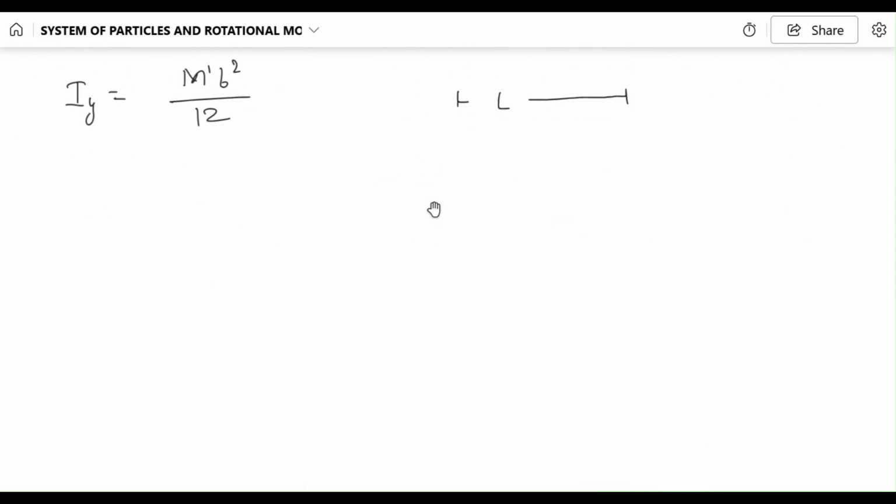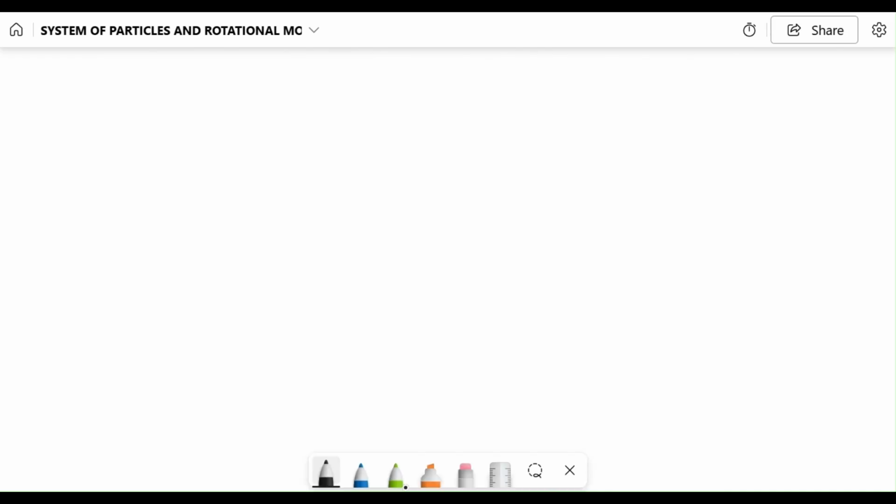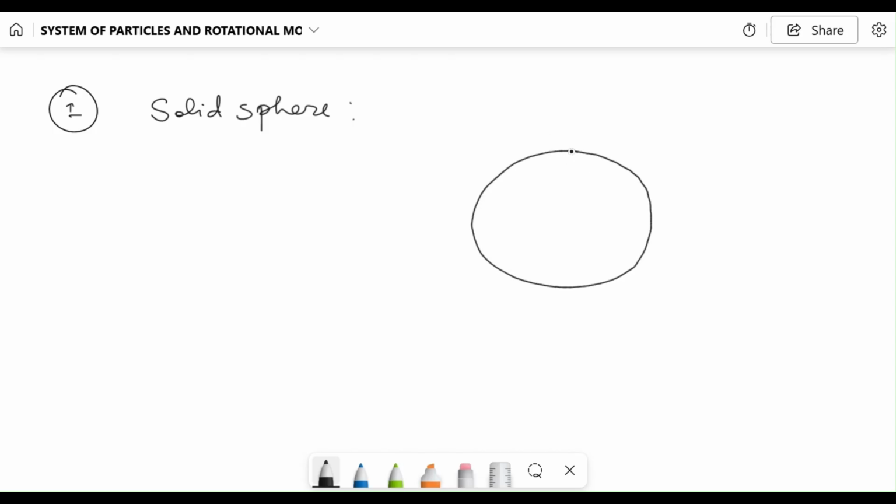At the end, I would like you to remember two more things here. Number one, in case of a solid sphere, I am not going to derive it because it will take the concept of double integration, which you are going to get in higher studies. So if you are interested, you can visit the playlist containing the topics for IIT JAM or CUET PG, which I am going to upload a little bit later.